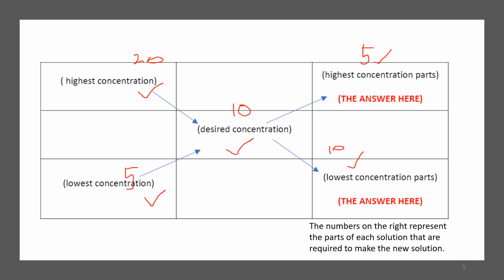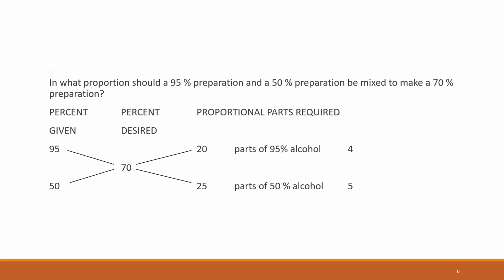Okay, so let's take a look at another example. Here it states the question: in what proportion, or what parts, should a 95% preparation, compound A, and a 50% preparation, compound B, be mixed to make a 70% preparation?